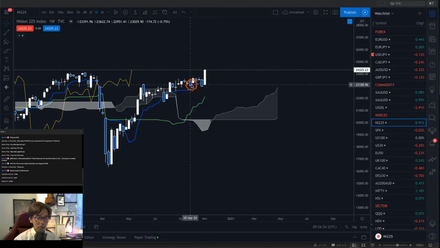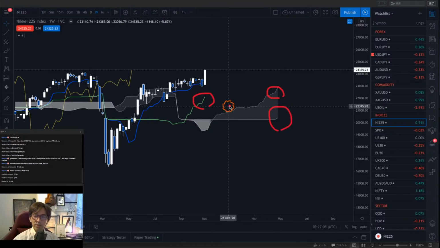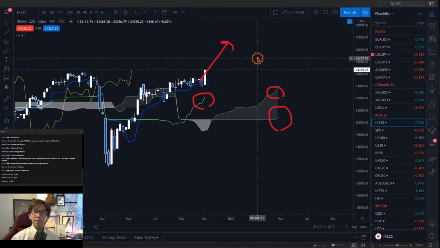So this is bullish in its equilibrium, and also direction wise, this is also bullish too. We can see the Senko span A, B, and Kijun Sen are going up right now. So this is bullish right now. So we can expect the market to continue to go up this way. So if you take trades on this index, you can go to lower time frames to look for some trading edges to buy.